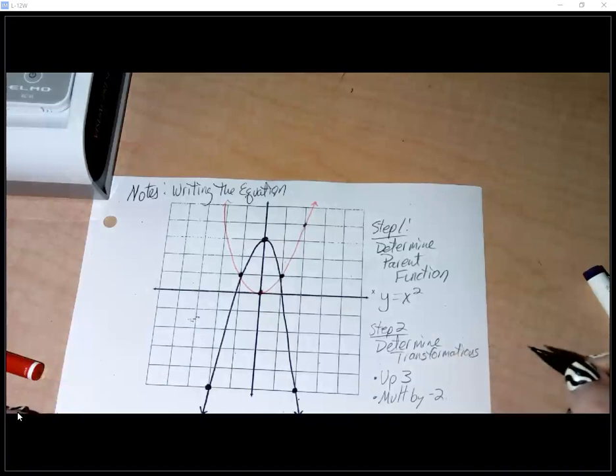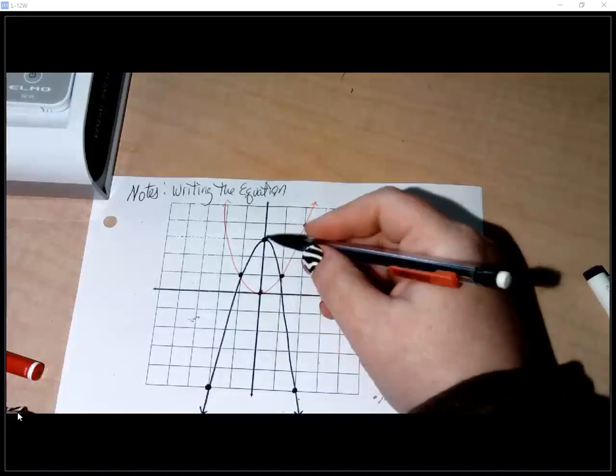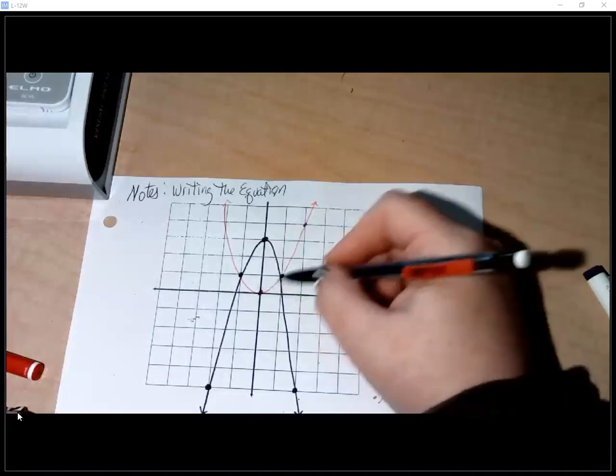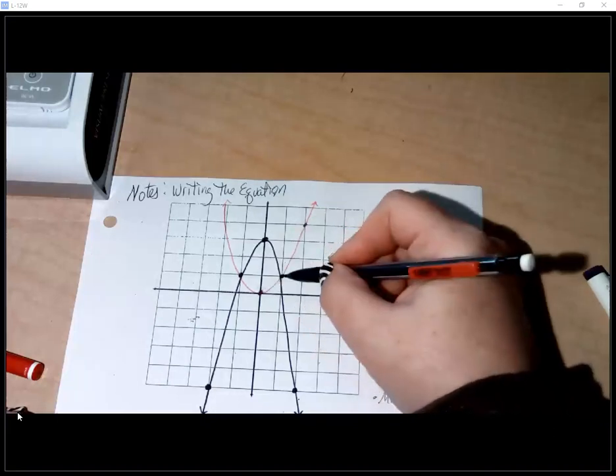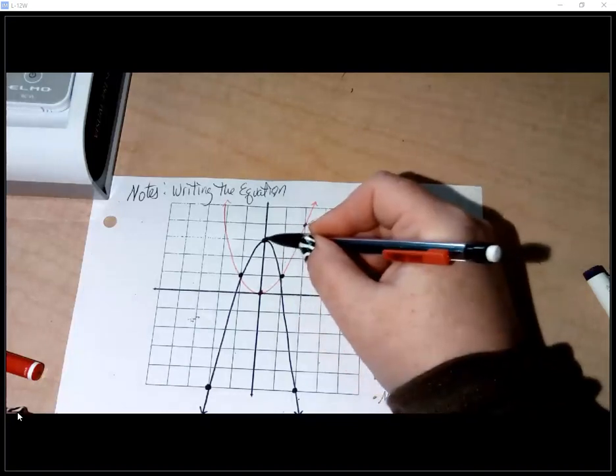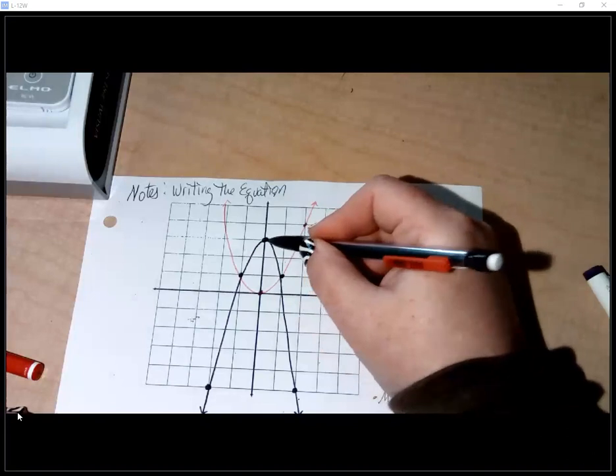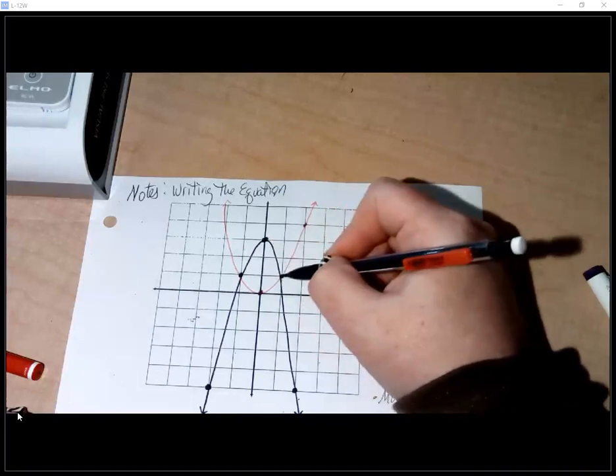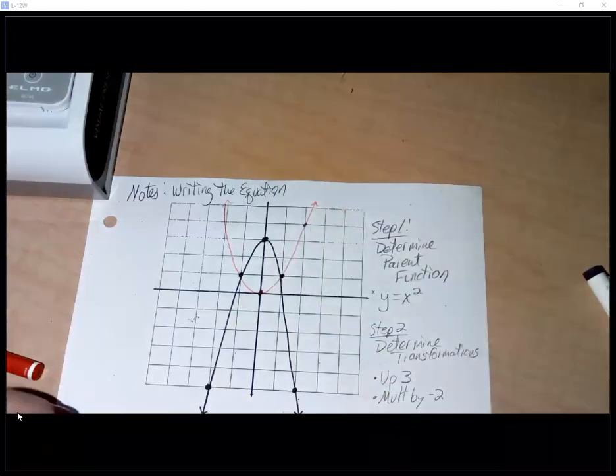That's what I have done to my y values. Here's how I know. It's weird because they're upside down. Normally on the parent function, from the vertex to get to the next one, you go up 1 over 1, right? Now, if I look at the final graph from the vertex, I went down 2 over 1. So instead of going up 1 over 1, I went down 2 over 1. So to get down, I'm going to multiply by negative. And now it's at 2. That's how I know, okay, I'm going to multiply by -2.